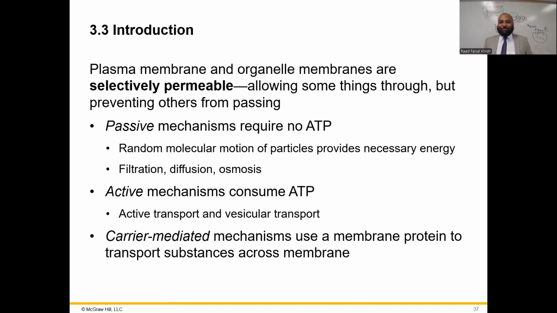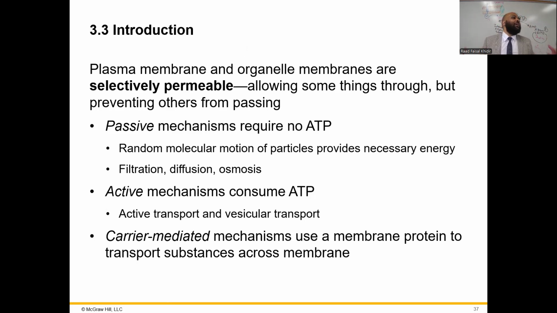Okay. Plasma membrane and organelle membranes are selectively permeable. What selectively permeable means? It doesn't mean they are impermeable, but they discriminate who can get in and who can get out, not based on skin color, but based on chemical structure.